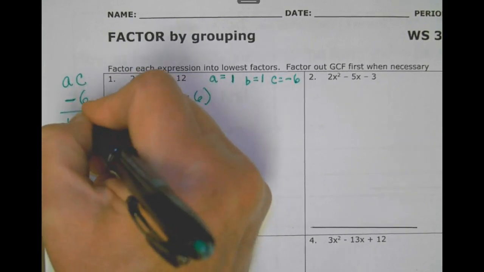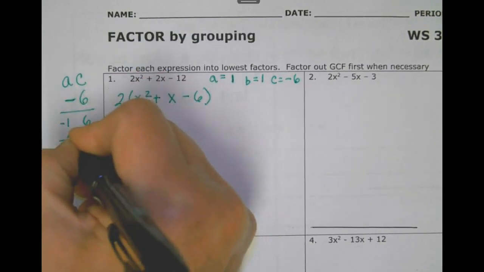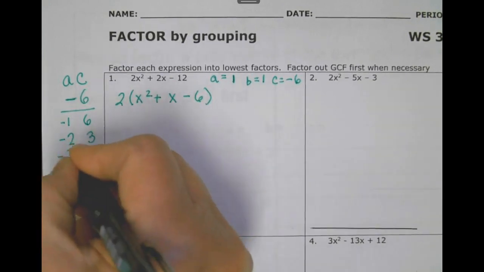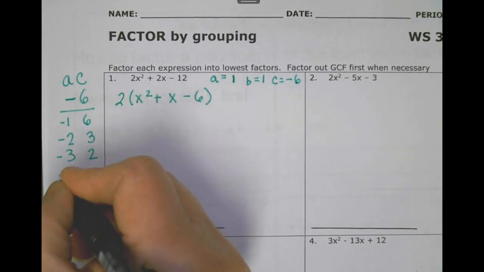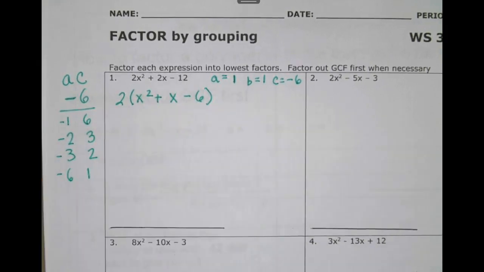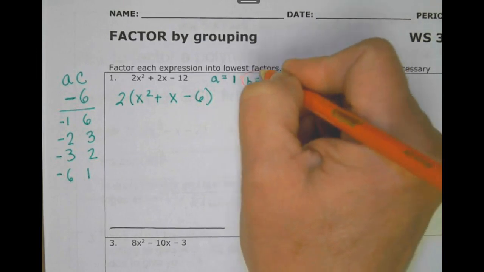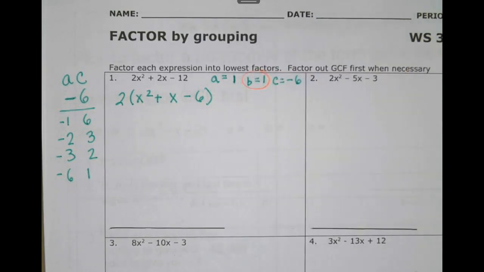Negative 1 times 6. Negative 2 times 3. You can put negative 3 times 2 if you want to, and negative 6 times 1. Okay, those are all the factors of negative 6. Which of these factors are going to add up to give you a positive 1?